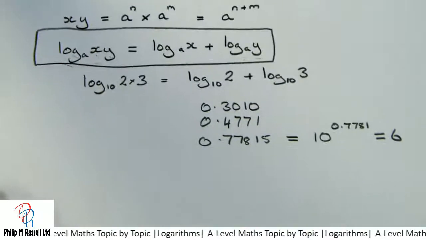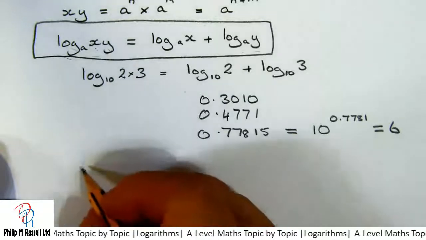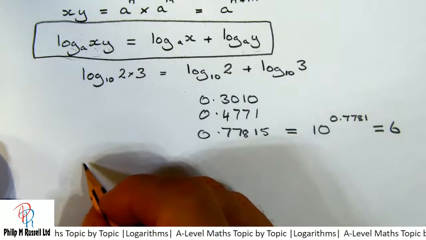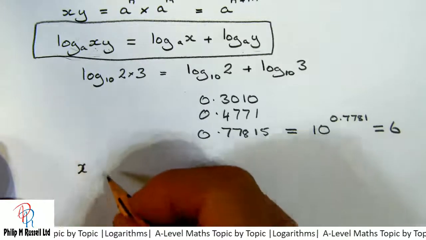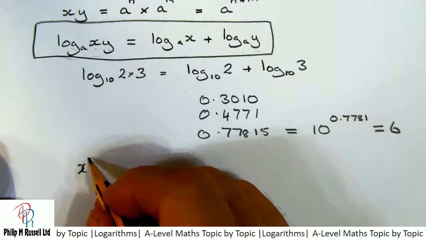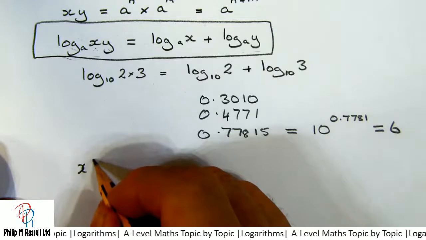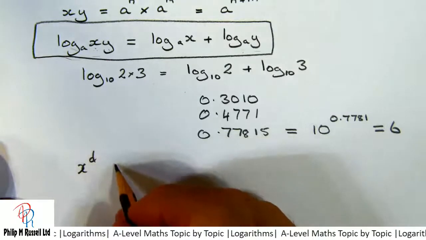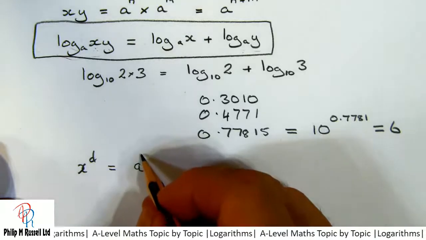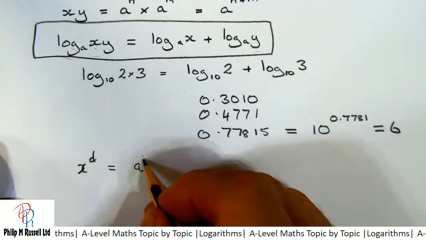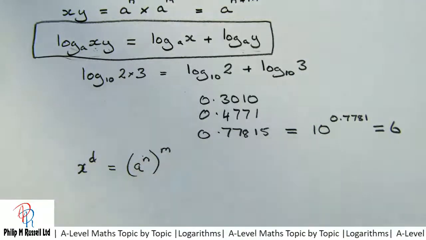Let's suppose we've got something else. We want to now take another number. Let's suppose I want to do something like x to some sort of power. Let's call it d, and that would be some number a to the n, to the m.